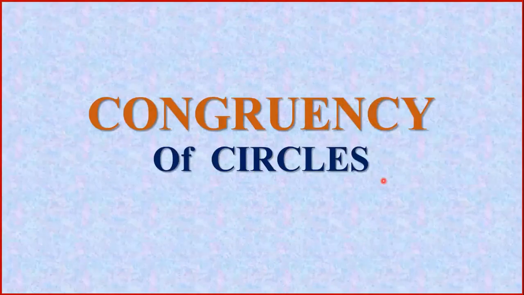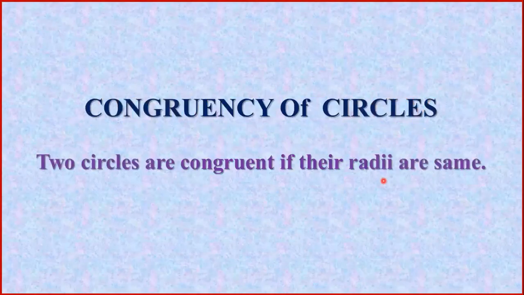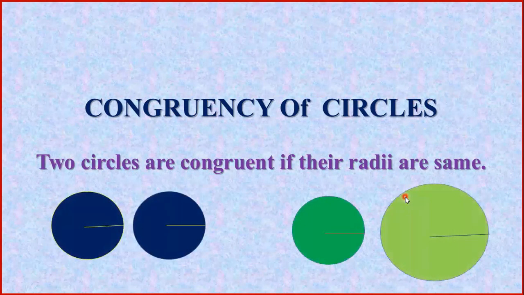Now, congruency of circles. Two circles are congruent if their radii are same. If the radii of two circles are same, then their circumferences are also same, because the circumference is dependent on the length of radii.